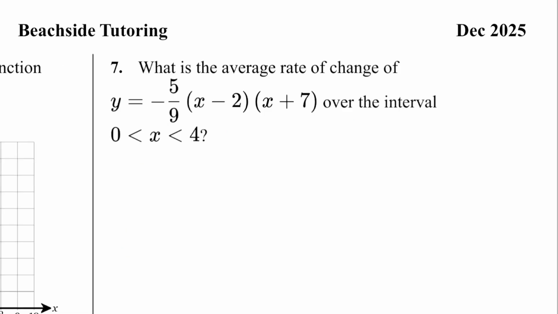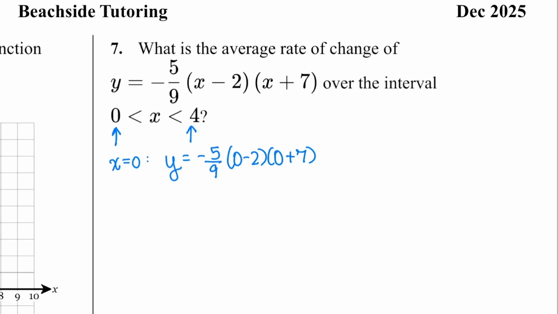What is the average rate of change of the function given over the interval between 0 and 4? In order to figure this out, we have to plug in these two values, get the corresponding y value, and then really just find the slope between the two. So let's plug in x equals 0 first. We're going to get y equals negative 5 ninths times 0 minus 2 times 0 plus 7.